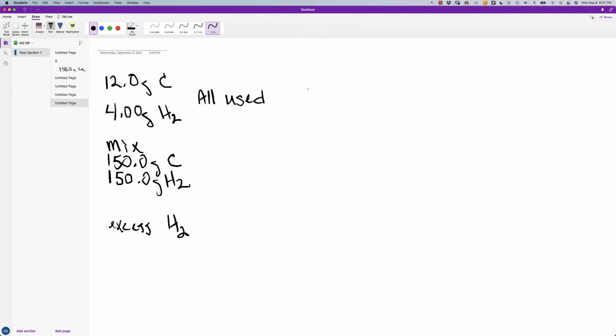So let's write this down. We have 4.00 grams of hydrogen being used for every 12.0 grams of carbon. And for our new ratio, we want to know how many grams of hydrogen for every 150.0 grams of carbon.